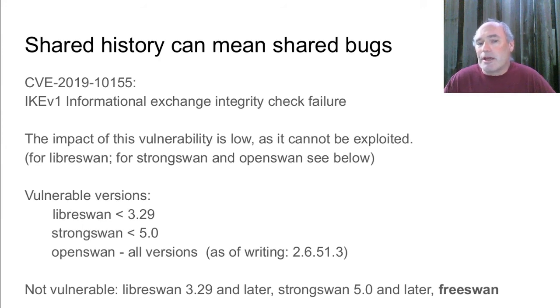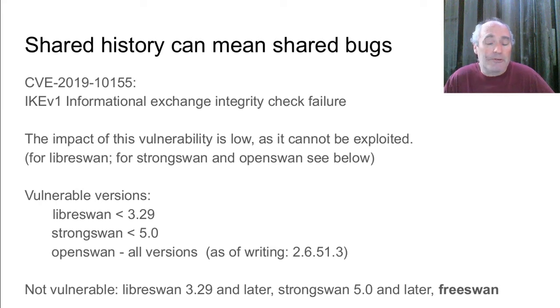Of course, having a long history means you can have some old bugs. Here's a CVE. It was released as a CVE just because you're meant to do this. Anyone who says they don't have any CVEs, treat them with suspicion. So this one was very late, after things had been authenticated and all the rest of it, and you went to tear down an IKEv1 connection. You could potentially, in theory, maybe with an amazing amount of knowledge, possibly come up with a dud packet.